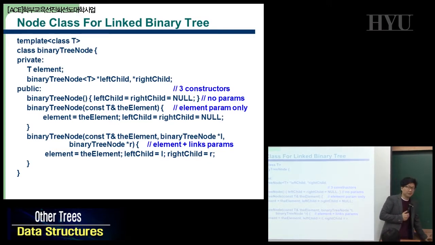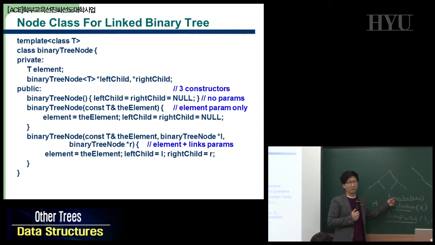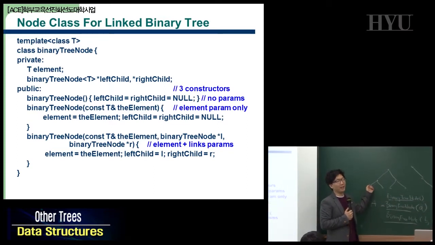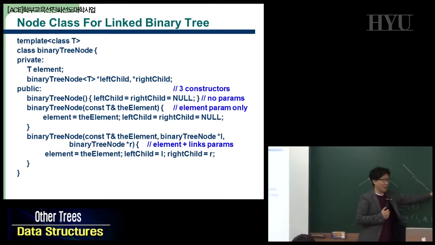예를 들어 내가 10개의 empty binary tree 노드를 만들고 싶다 그러면 for loop 돌리는 거지. for I equal 0, I less than 10, call this. Then what are you doing? You're creating this everywhere.